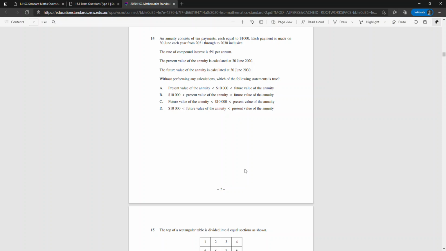Now for something like this, let's take it out first. For a question like this, it's important to visualize what is happening here. So if I were to draw this, sorry, it's not a straight line, but you get the idea. If this is 30th June 2020, then this is 30th June 2021, 2022, and all the way this is 2030.